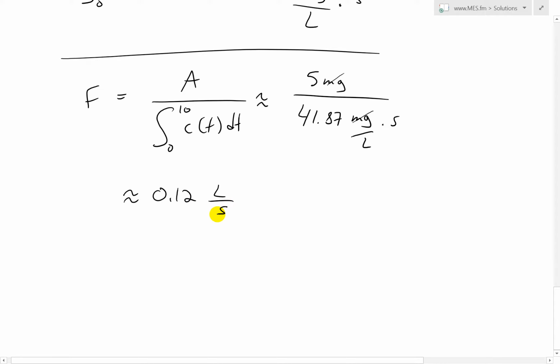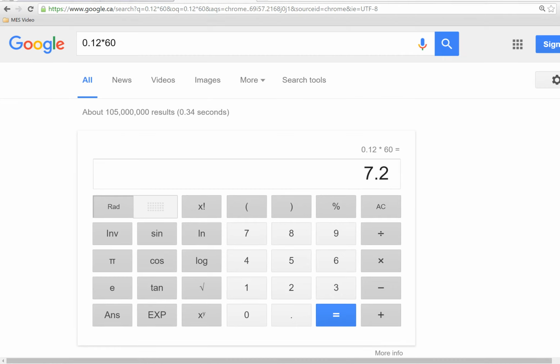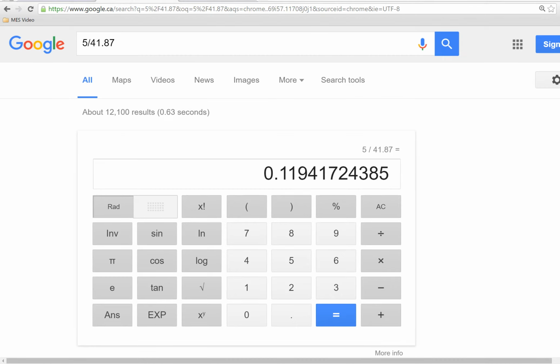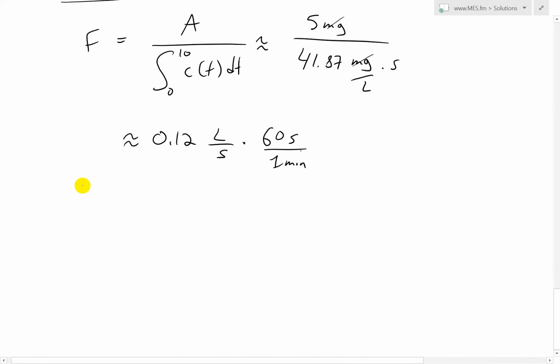To make more sense of this, I will multiply by 60 seconds over 1 minute. This is the ratio of seconds to minutes, so we get this in terms of minutes. I'm not using significant figures, I'm just going to do 0.12 times 60 to get another approximation. So 7.2 liters.